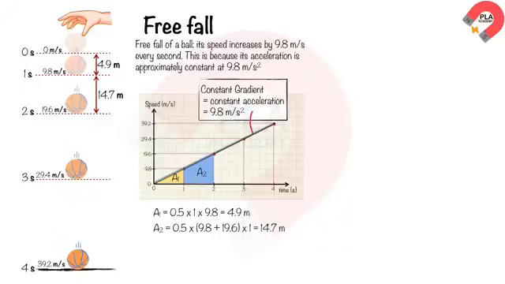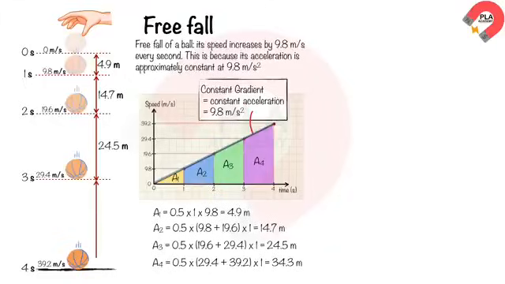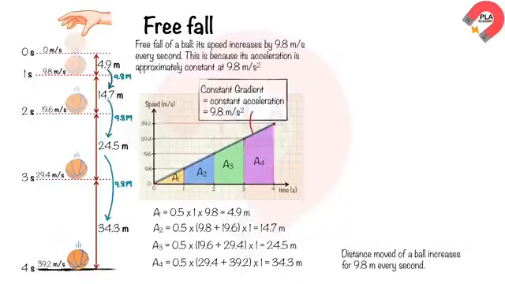Distance moved between 2 and 3 seconds equals 0.5 times sum of 19.6 and 29.4 and times 1, which is equal to 24.5 meters. Distance moved between 3 and 4 seconds equals 0.5 times sum of 29.4 and 39.2 and times 1, which is equal to 34.3 meters. You see that the distance moved of a ball increases by 9.8 meters every second.